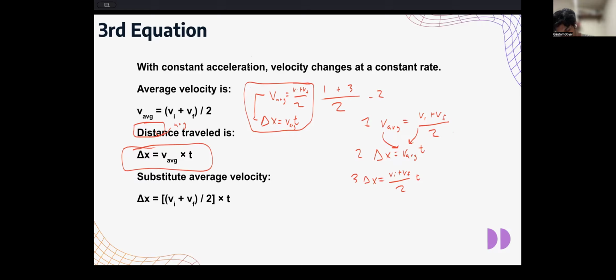I'm going to label these definition steps. Type some Y's or N's in the chat if you get it. Good. Can you re-explain step three?